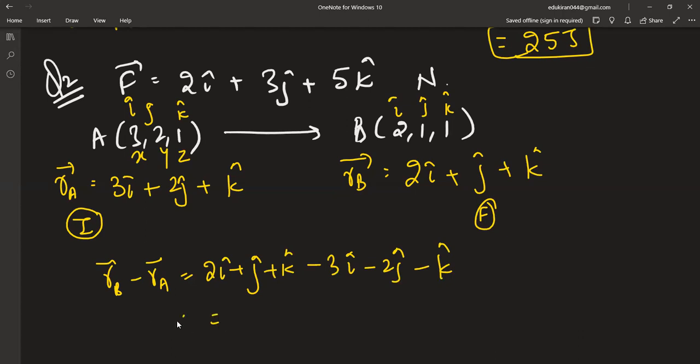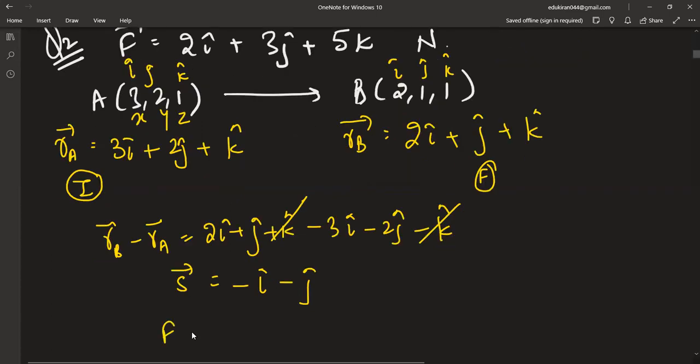So what are we left with? This is now the net displacement. 2 i cap minus 3 i cap becomes minus i cap. j cap minus 2 j cap is minus j cap. k cap minus k cap will be cancelled. This is the net displacement. What is the force? 2 i cap plus 3 j cap plus 5 k cap.